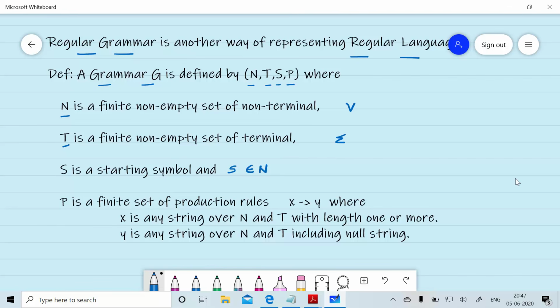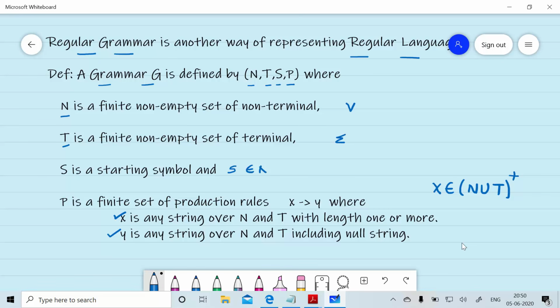P is a finite set of production rules of the form X gives Y, where X is any string over non-terminals and terminals with length 1 or more. It means X belongs to (N union T) plus.